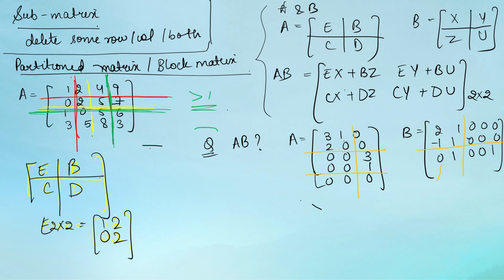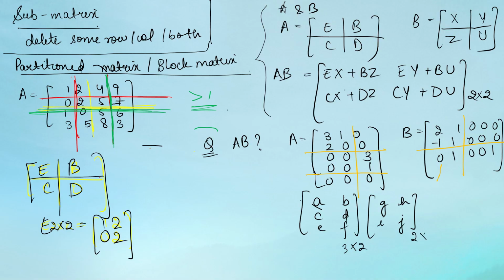So now in this case, you have one matrix that is A, B, C, D, E, F, and here you have G, H, I, J. This is 3 rows, 2 columns, and this is 2 rows, 2 columns.